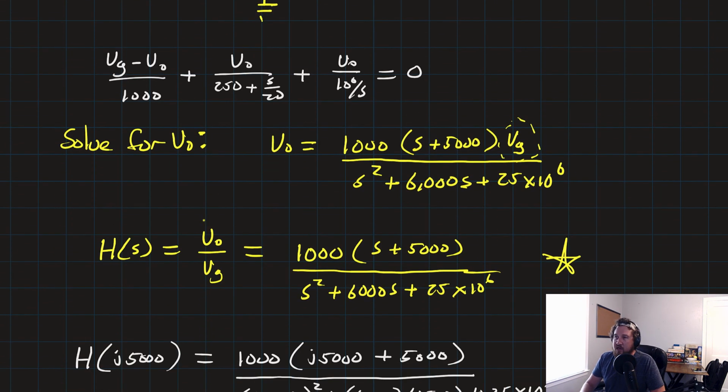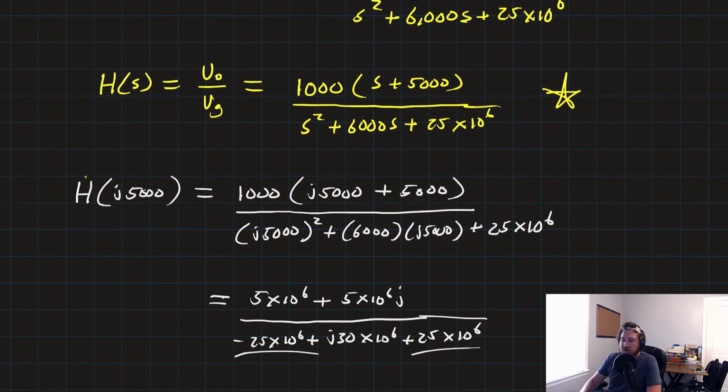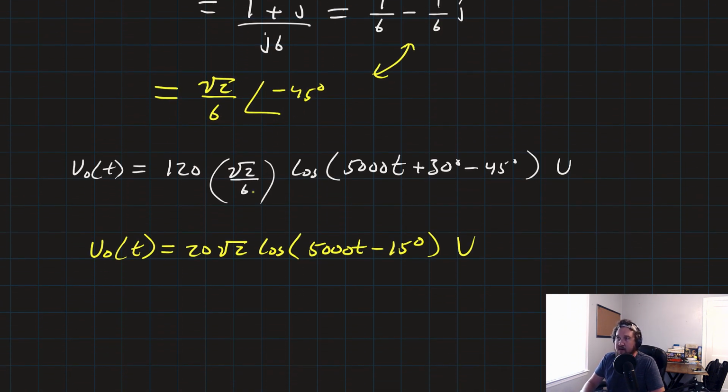And then you solve for your transfer function. In this case, it was V out over VG. Then you apply the frequency, in this case j5000, to that transfer function to get your output phasor, or your response phasor, I should say. And then you feed that into this final equation to get your output voltage signal.